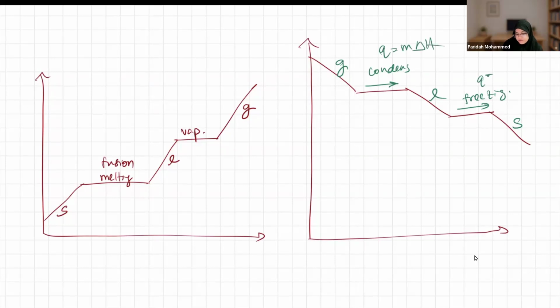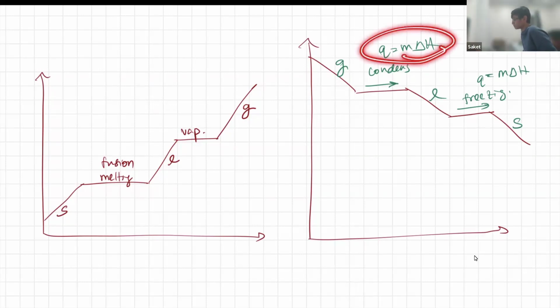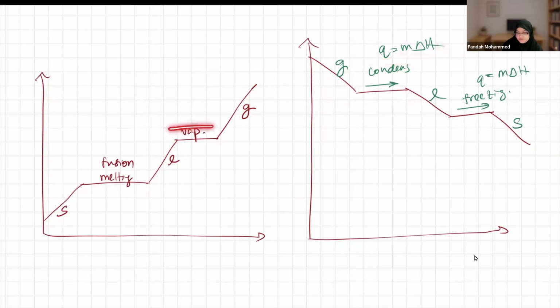The problem is you do not have delta H of condensation or delta H of freezing. What are you going to do? You have the delta H of boiling, so you use the delta H vap for condensation, but you flip the sign, because vaporization is endothermic and condensation is exothermic.